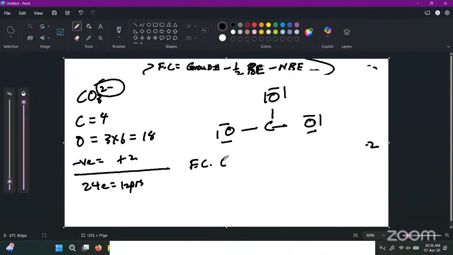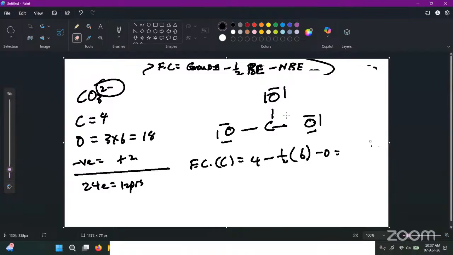So the formal charge of the carbon will be equal to what? 4 minus half of 6, minus 0, so that gives you +1, right?